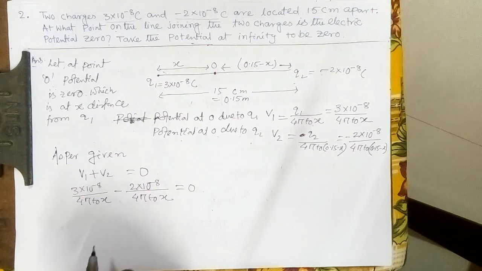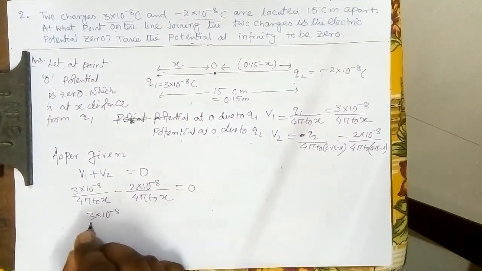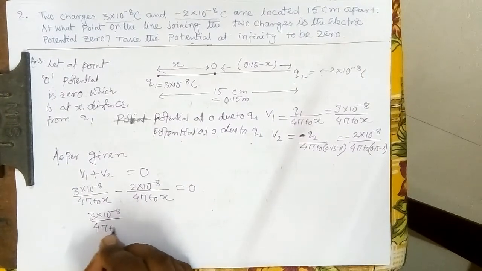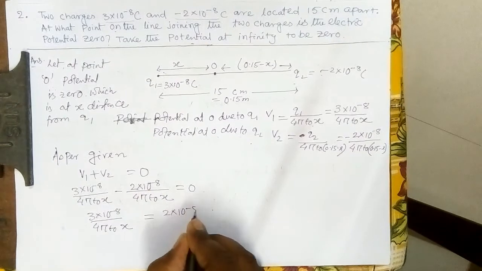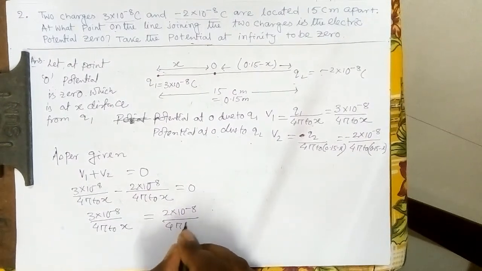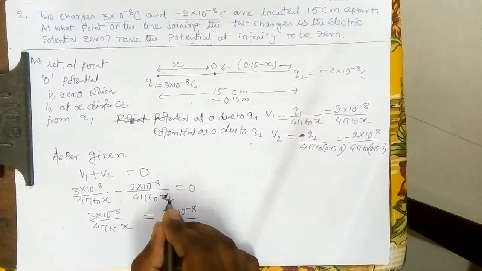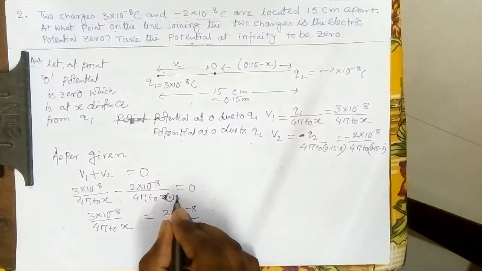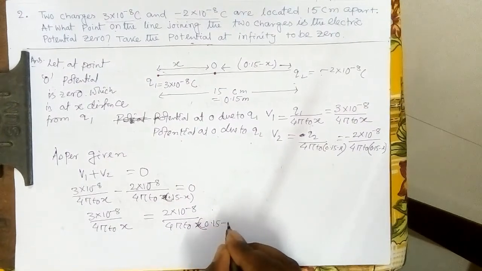Take it to the other side. So 3 into 10 to the power minus 8 by 4 pi epsilon naught x equals 2 into 10 to the power minus 8 by 4 pi epsilon naught into 0.15 minus x. Sorry, the denominator on the right side is 0.15 minus x.